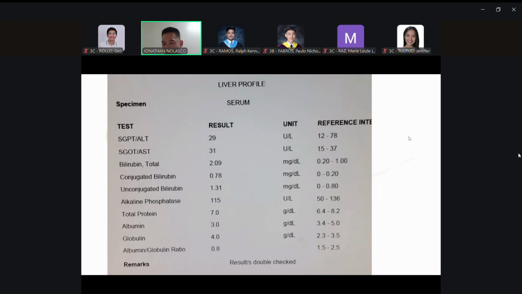Any answers? None yet? Only one possible obstructive. If you suspect obstruction, one thing you want to look at is the alkaline phosphatase. If it's high, then that's more consistent with obstruction.